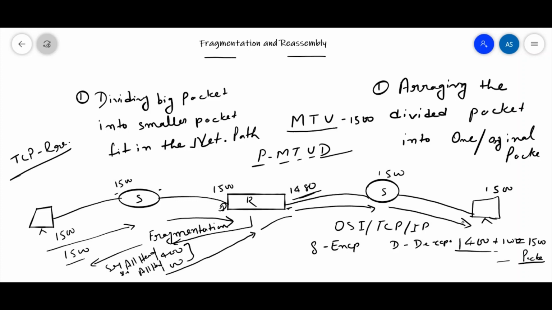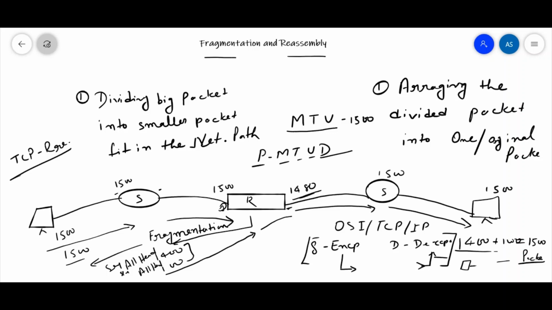For encapsulation they add the header and then send to the destination. Similarly, for decapsulation the destination removes the header from the packet and then opens it. So in terms of encapsulation, they perform fragmentation, defragmentation and reassembly here. So this is a high level and simple way of understanding fragmentation and reassembly.